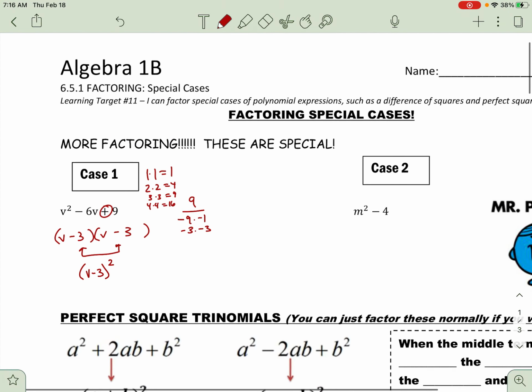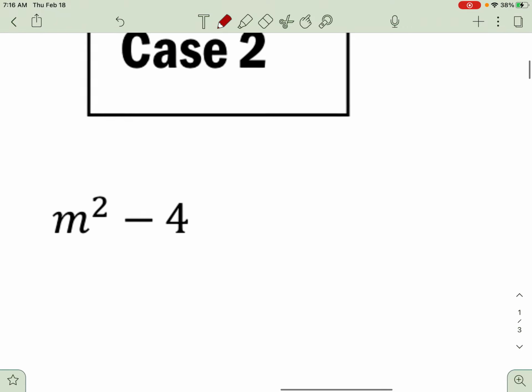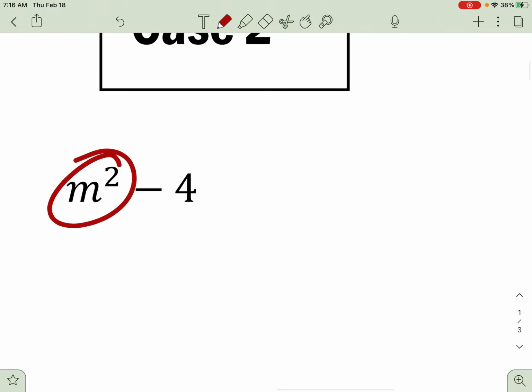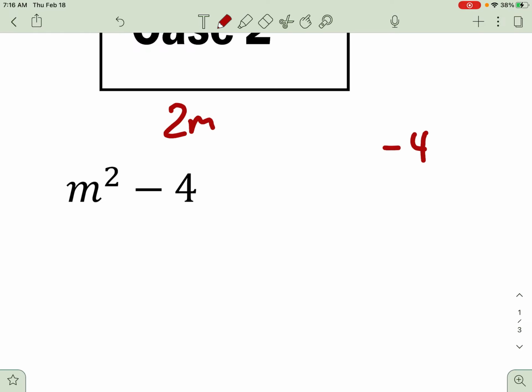All right, so now let's take a look at case 2. Kind of a similar case, right? You have a perfect square and a perfect square, but notice that there's no middle term, like 2m or anything like that. So we're going to look at it like this. How do you get negative 4? Well, negative 4 and 1, negative 2 and positive 2. But we know that there has to be no middle term.